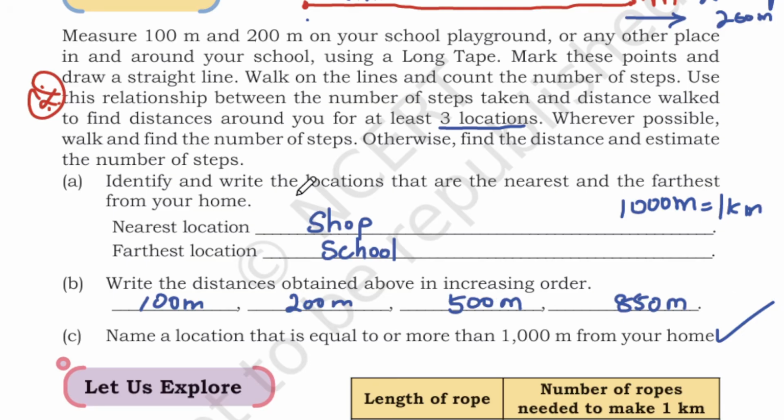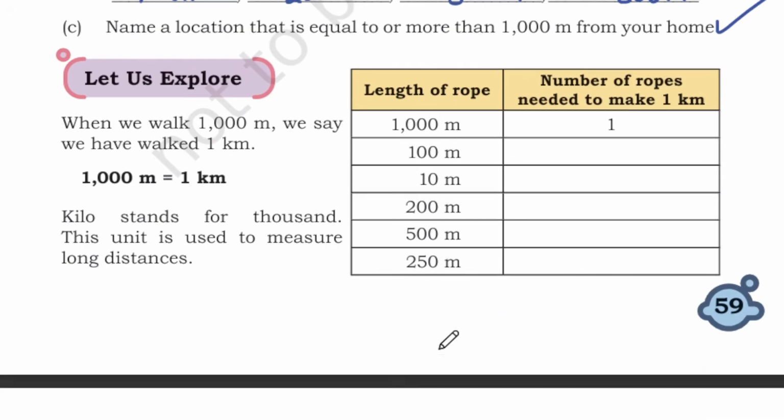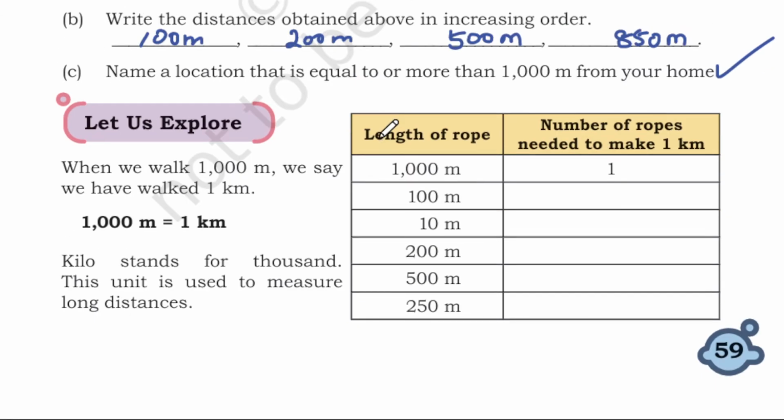Okay, next. So let us explore. When we walk 1000 meters, we say we walked 1 kilometer. Exactly. So when you are traveling from one place to another, we will normally not use meters. We use the unit kilometers.